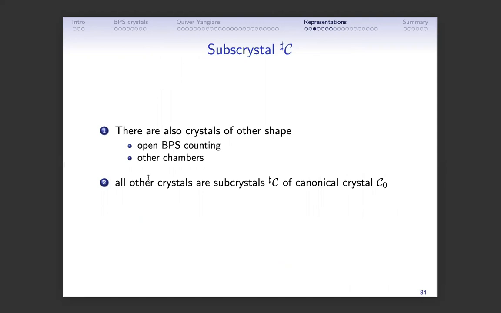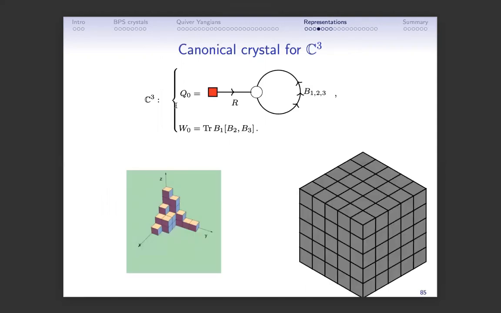We see that all these other crystals are subcrystals of the canonical crystal. For example, this is the canonical crystal. This is a finite state here, and this shape just means that if you go infinitely, you reach, so this one should be infinitely large. But this gives you the shape of the infinite crystal.